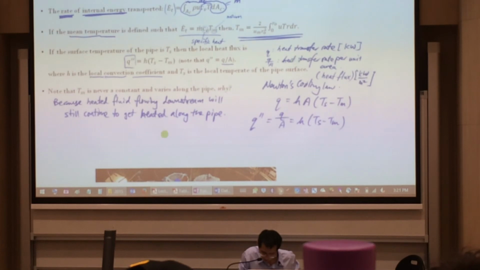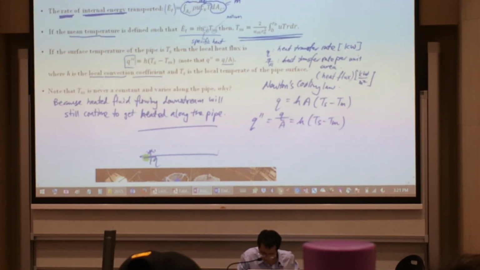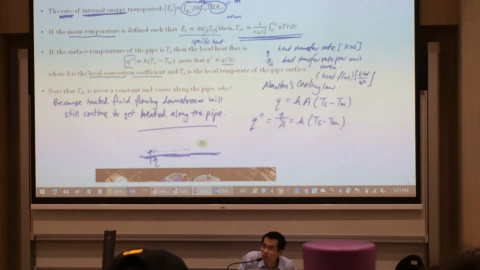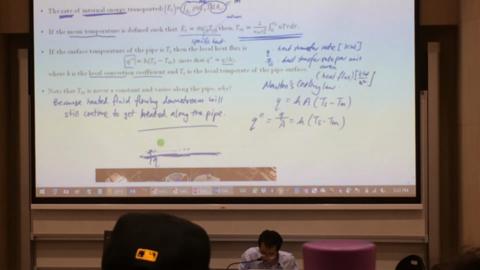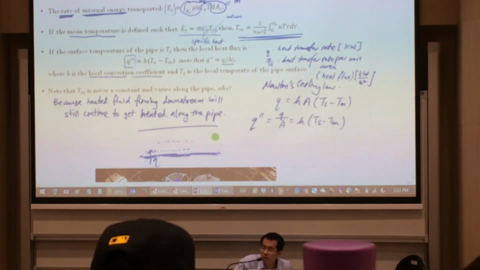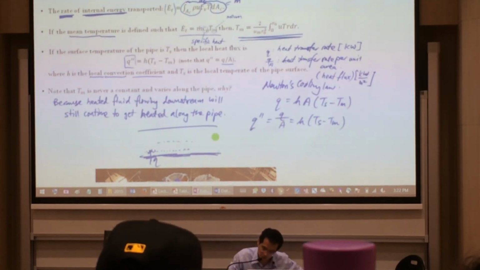Now what does that mean? We were talking about the pipe here. So let's say the fluid over here has been heated up by a hotter surface over here. Now this surface is all going to be hot over there. So this heated fluid, as it flows down, is still going to get heated up further. Right? So the same as even at the core over here. So as you move further and further down that pipe, your temperature profile would increase in its magnitude.